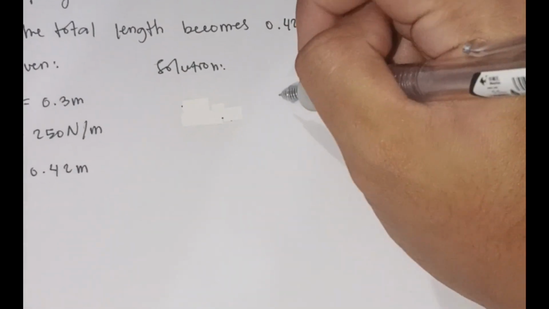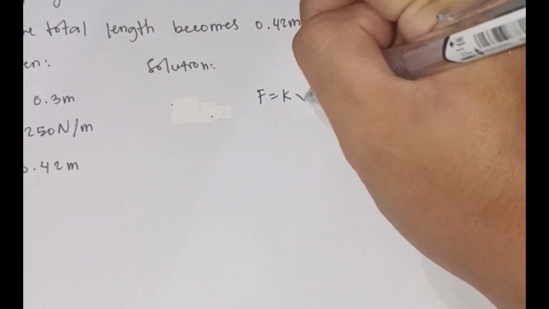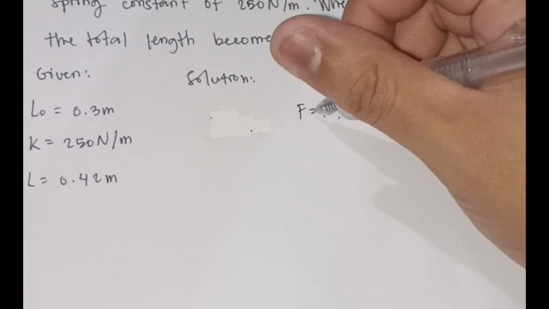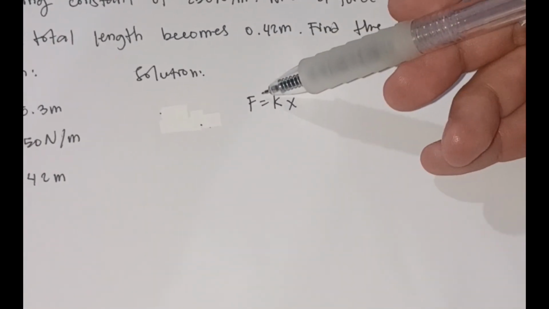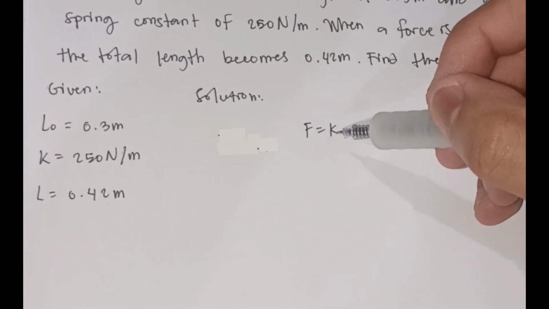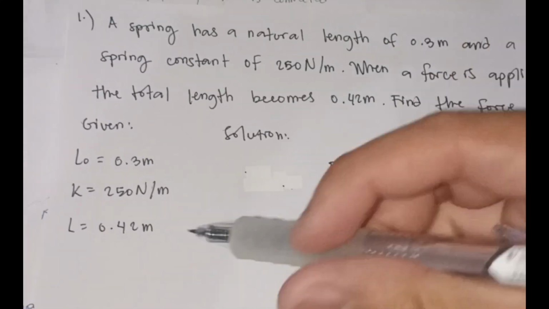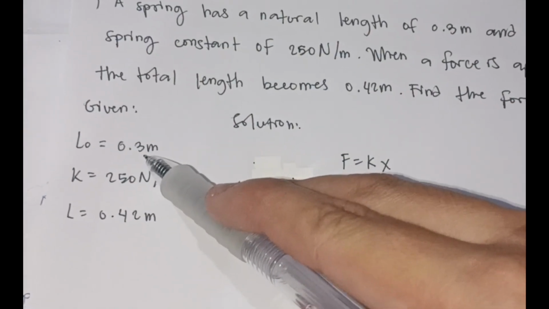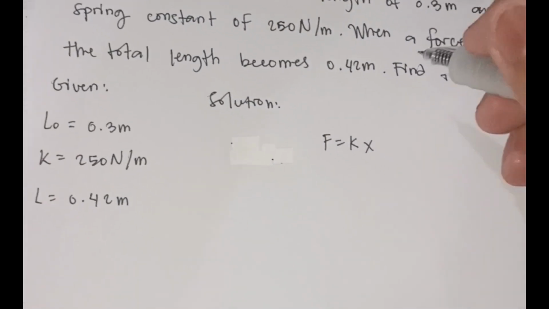So applying the formula of Hooke's law, which is force is equal to k times x, we use positive because we only need to determine the magnitude. So we have a spring constant, but we don't have a displacement. But we have the original length or natural length of 0.3 meter.